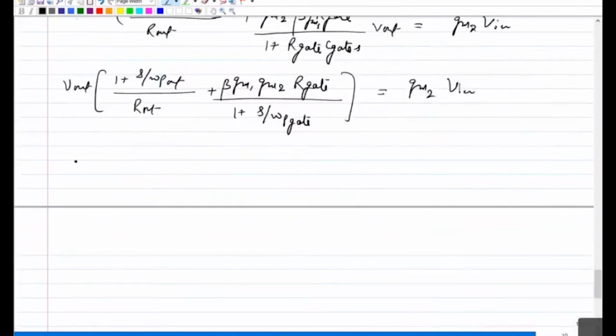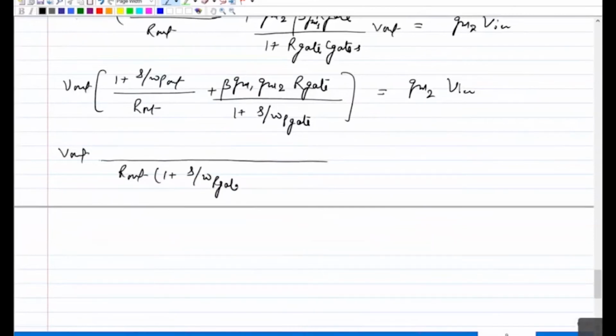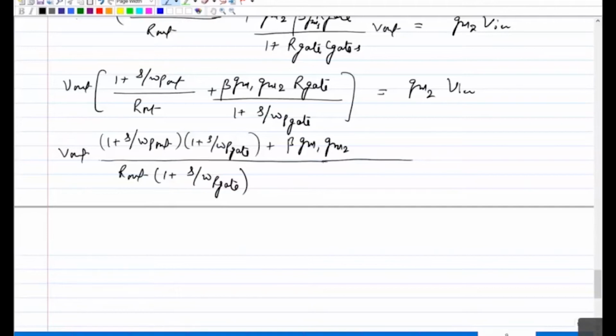Now you need to simplify this: V out over R out times 1 plus S over omega P gate, and you get 1 plus S over omega P out times 1 plus gm1 gm2 R gate R out.